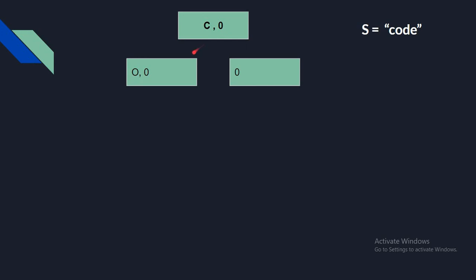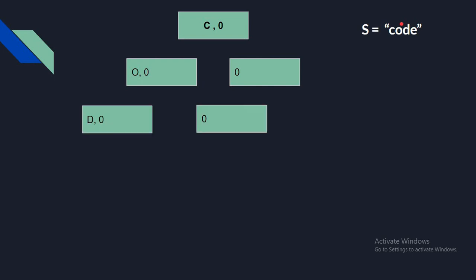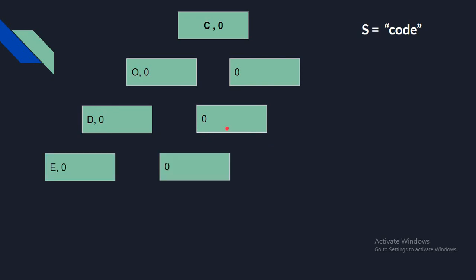We then have a choice of going next, and we pause our state where our current count is still 0, and we have another choice, that is we go next to the next character, that is O. We again traverse the string, we check D, is it a vowel or not, and we pause our count state because it's still not processed, that is we are still not in our base condition. We again go forward, and as soon as we reach the end, that is E, we reach our base condition.